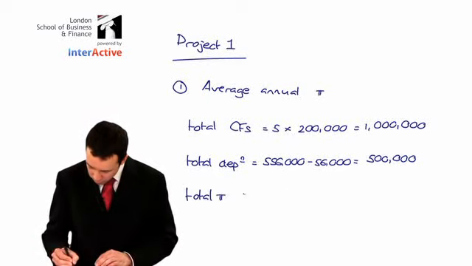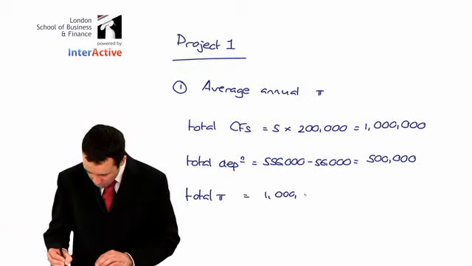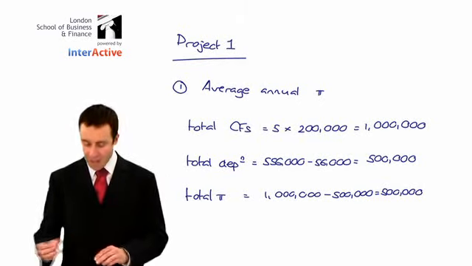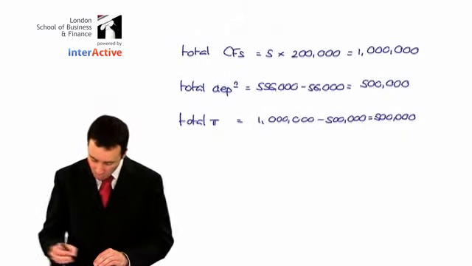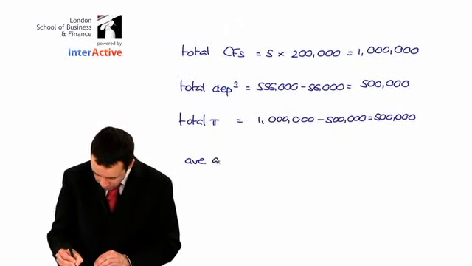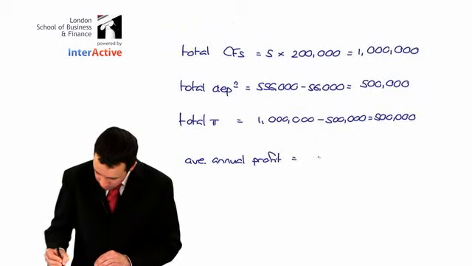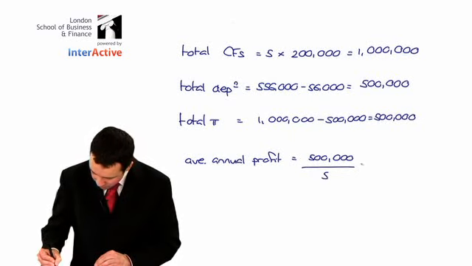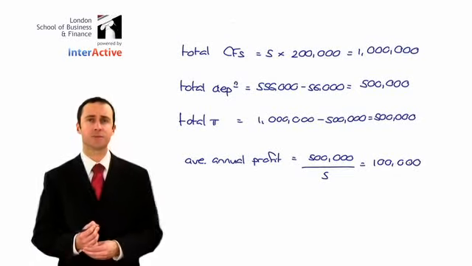To work out our total profit, that's just the £1 million less the £500,000, giving me total profits of £500,000, which we can then use to work out our average annual profit: 500,000 divided by 5, so it gives me £100,000.